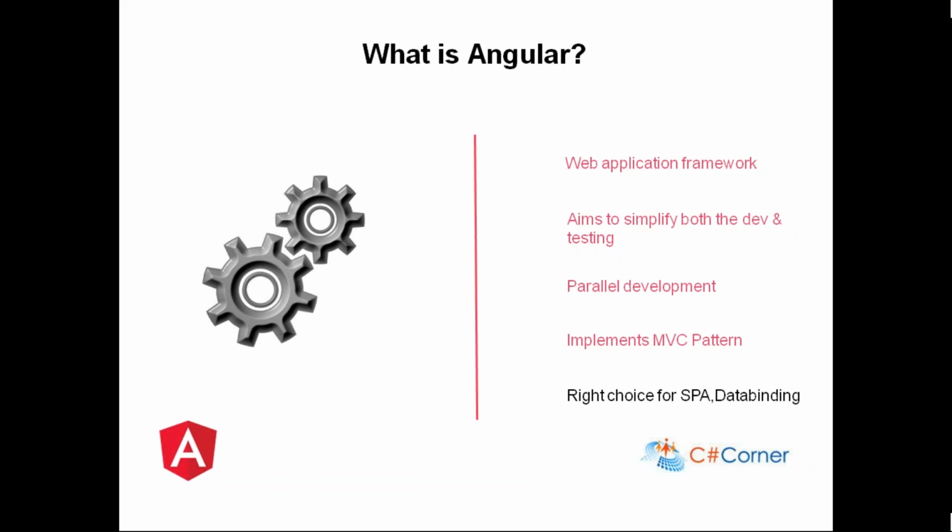The binding is improved here, as there is one-way binding and also two-way binding, so you can do it from both sides. The changes you make in the HTML can be reflected in the JavaScript, and the changes you make in the JavaScript can be reflected in the HTML.